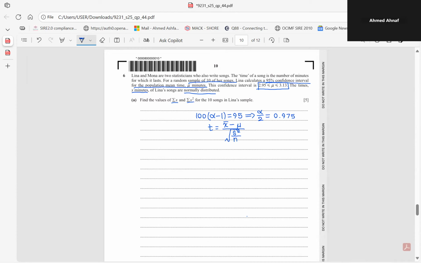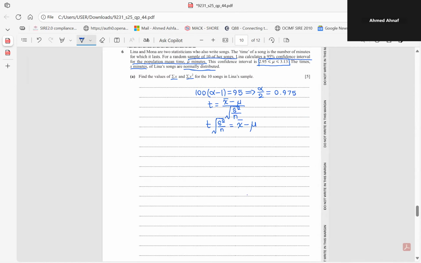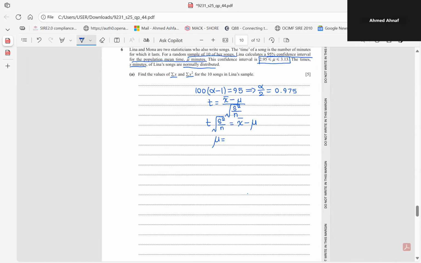So let's rearrange for mu. You get t times square root of s squared over n, that equals x bar minus mu, and then for mu you will get x bar plus or minus t times the square root of s squared over n. All right.